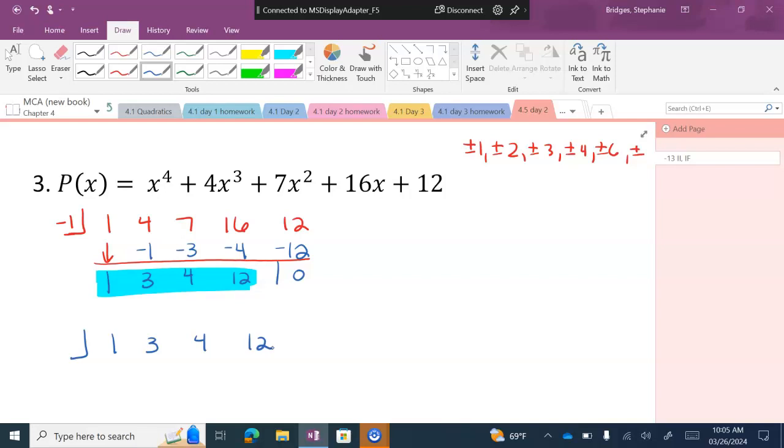So we should try 2. That doesn't work. We should try -2. That doesn't work. We should try 3, -3. And we continue on 4, -4, 6, -6, 12, -12. Hopefully, we won't have to go through too many of them before we find another 0.